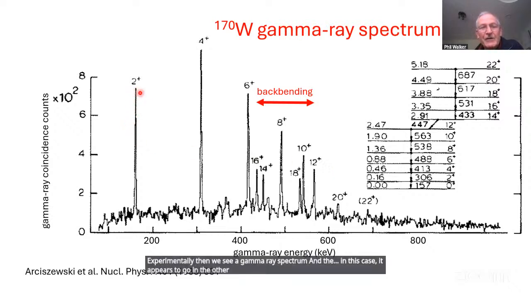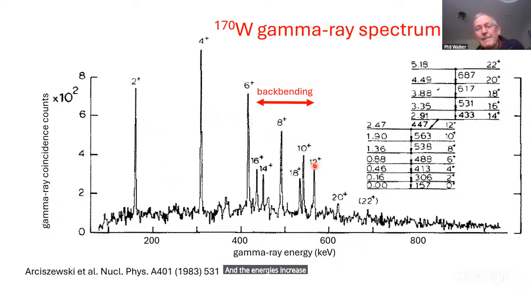So from slow rotation up to fast rotation, seeing gamma ray emissions as a function of the gamma ray energy, the energies increase gradually, and then suddenly there's a reduction in the energies, and this is akin to that speeding up of the rotation as it was slowing down, that one coming from the other side.